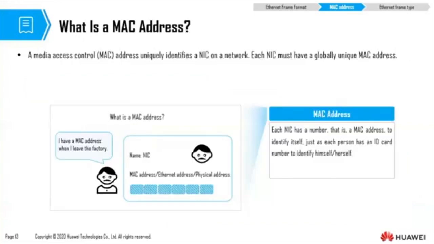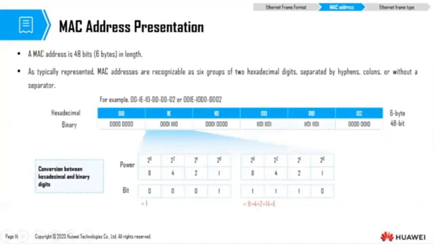Okay. So the media access control uniquely identifies a NIC on a network. Each NIC must have a globally unique address. So this is the format of a MAC address. Normally, the MAC address is made up of 48 bits.